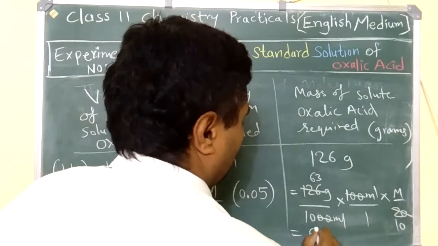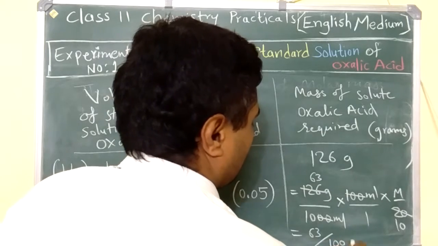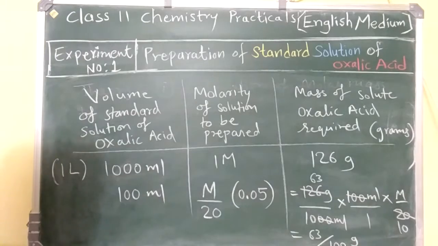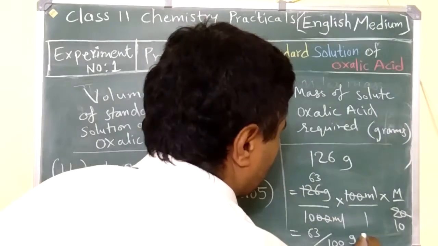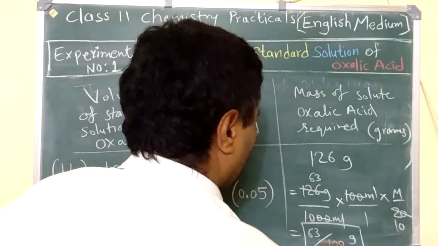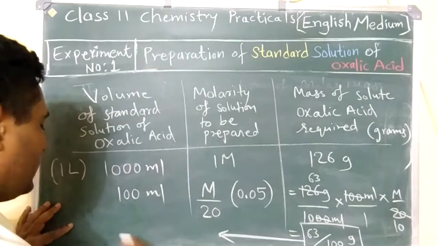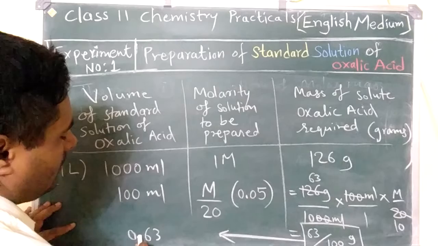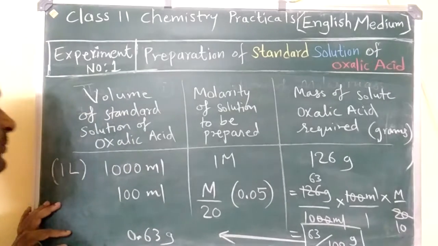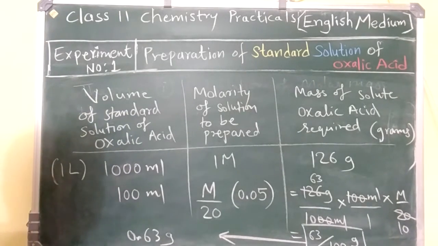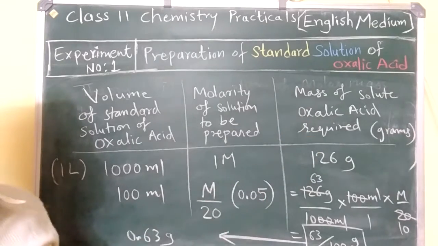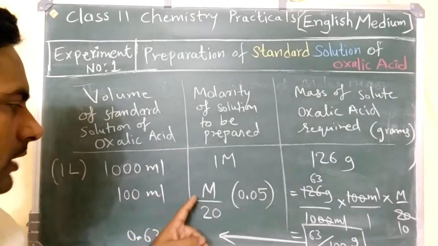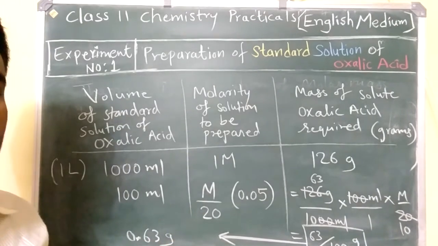So you will get 63 upon 100 gram, which is equal to 0.63 gram. So this much mass of oxalic acid is required to prepare 100 ml M by 20 standard solution of oxalic acid.